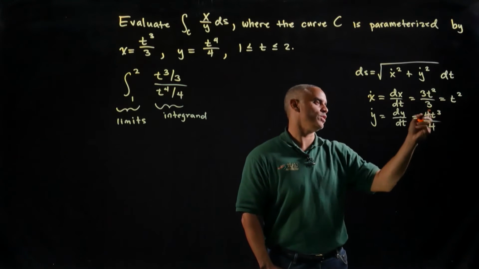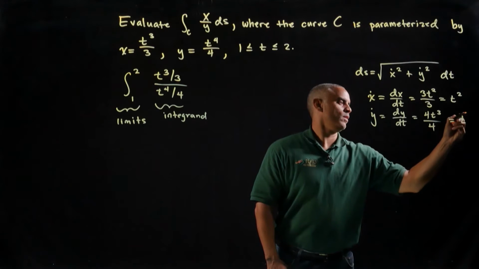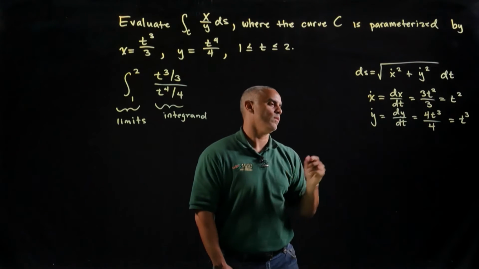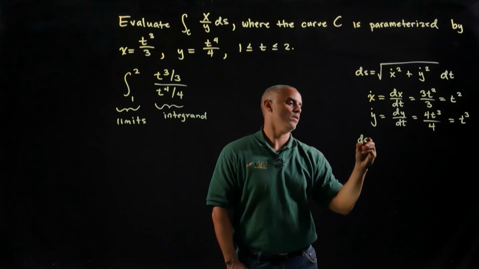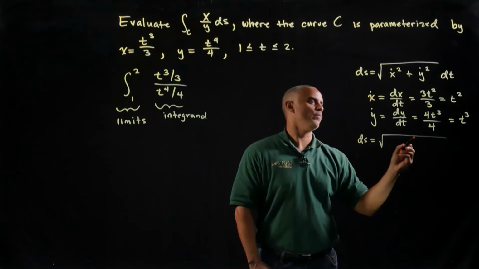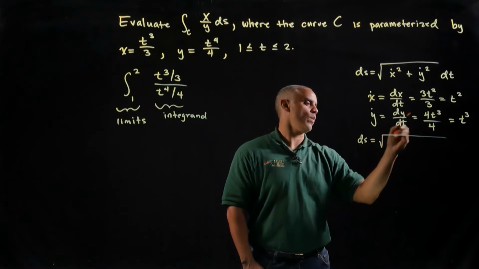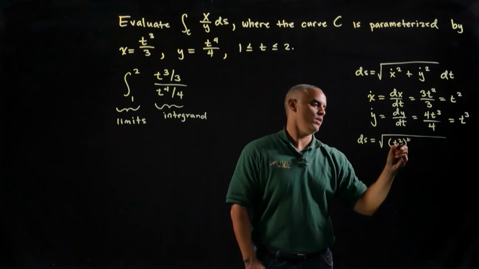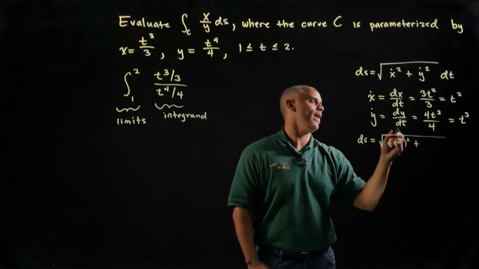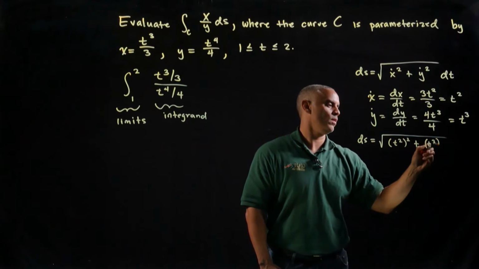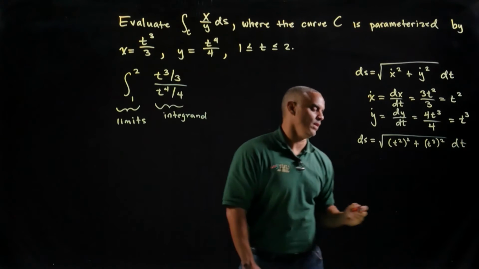So you can see how perfectly engineered these problems are to give us a t cubed. And now our ds is just going to be the root of x dot squared, t squared squared, plus y dot, or t cubed squared dt.